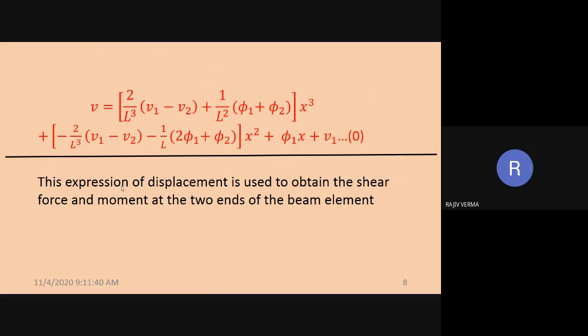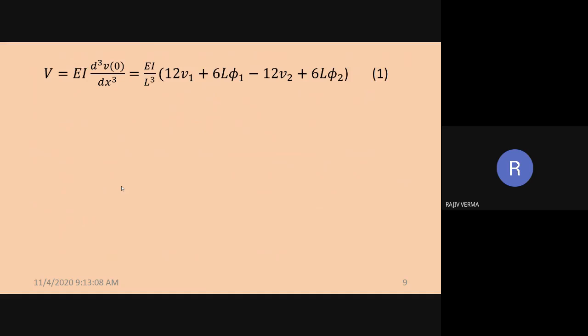Now equation number 0, which is the equation for the transverse displacement, is going to be used to obtain the expressions for shear forces and moments acting at the two ends of the beam. So this gives you equation number 1 for shear force, which has been evaluated at x equal to 0, that is the left end.